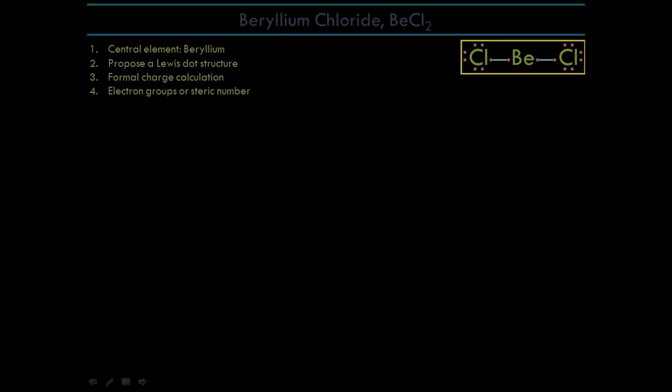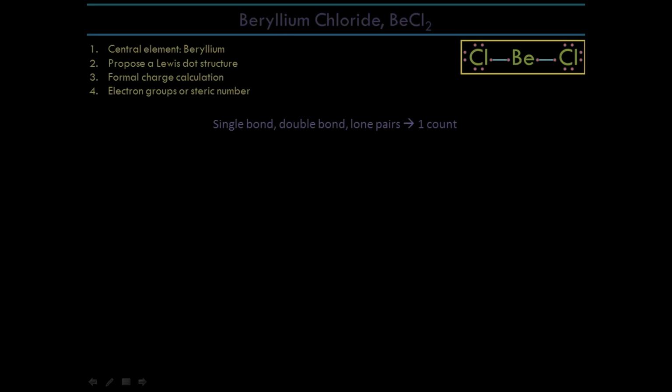Next is getting the electron group. If you have a single bond, double bond, lone pair, it is counted as 1. So if you have here, from the previous drawing, the double bond, it is counted as one count. It is counted as 1 electron group. So suppose, let's say this chlorine is our central element. The lone pair here is also counted as 1.